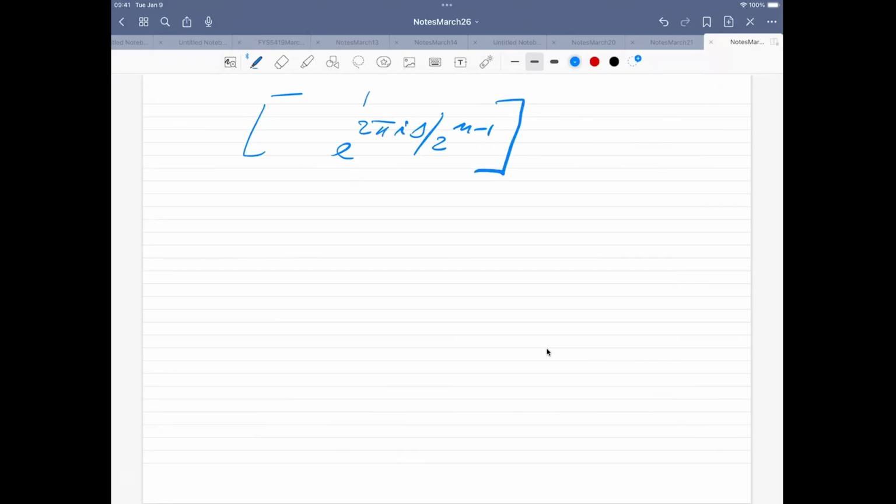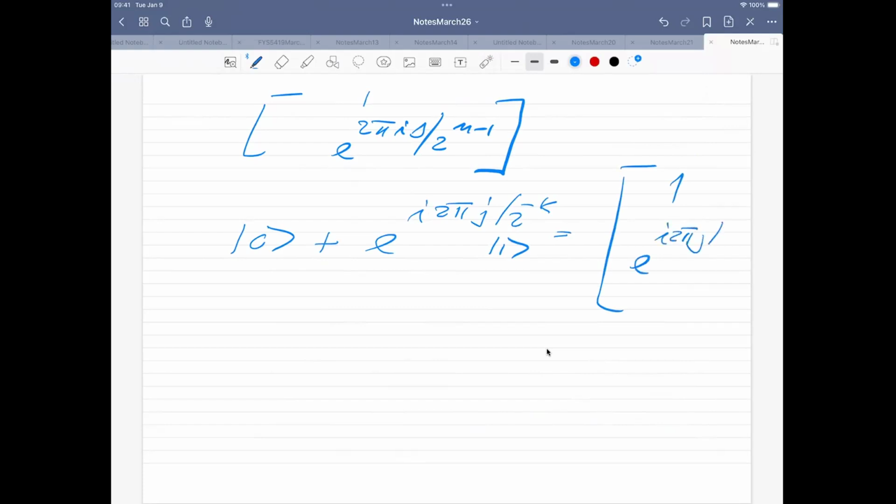Because what I've used now is the following property. If I look at a state like this one, of e of i of 2 pi of j divided by 2 to the k here, this is nothing but this specific state, 1 of e of i of 2 pi of j divided by 2 to the power of k.